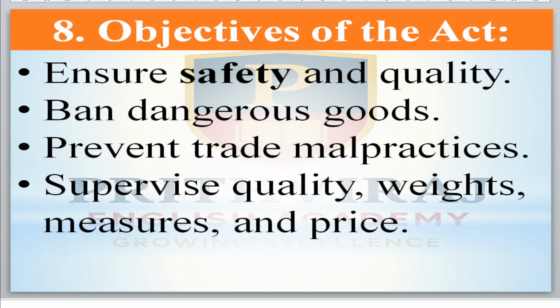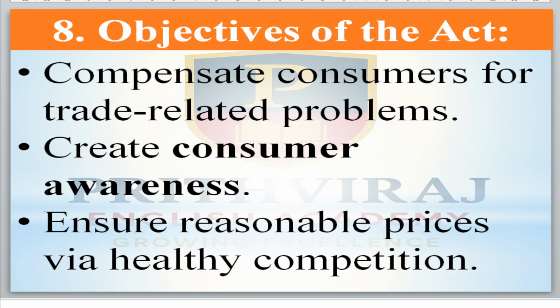The government will supervise the quality, weights, measures and prices. The government will provide compensation to the consumers for trade related problems. The government will create awareness among consumers, and will ensure reasonable prices via healthy competition.